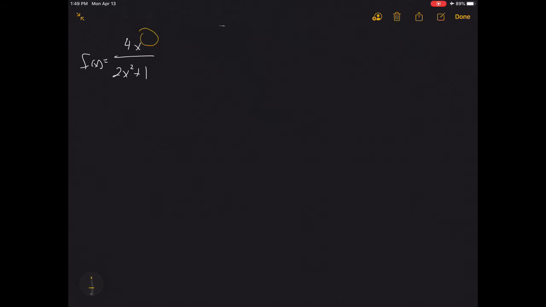The power there is assumed to be a 1 because it's not there. So the degree of the numerator, we'll call the numerator capital N, is 1. The degree of the denominator is the highest powered exponent in the denominator, which is right there. So the degree of the denominator, we'll call that capital D, is 2.